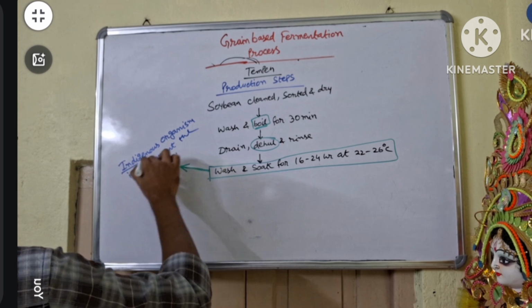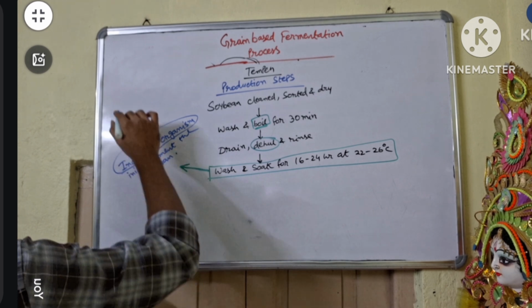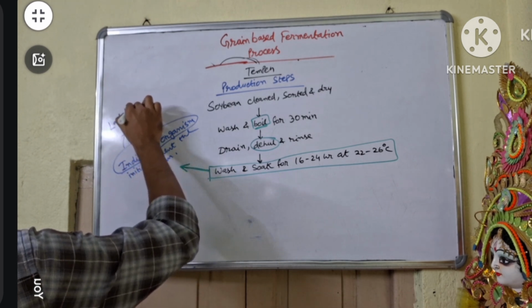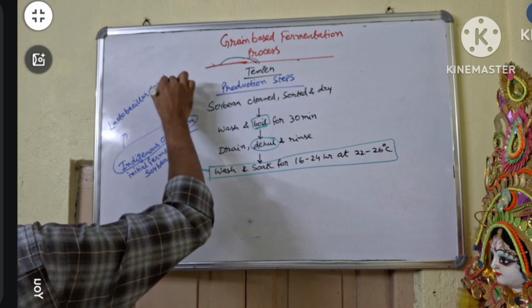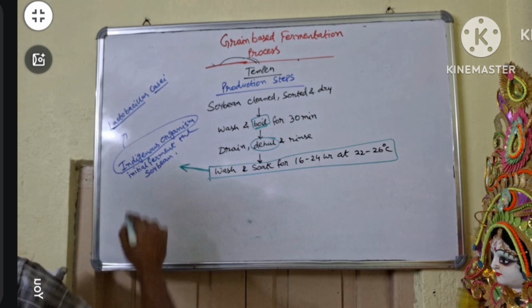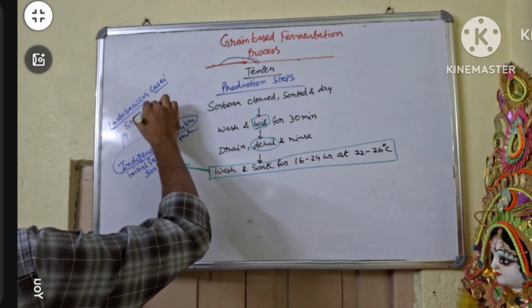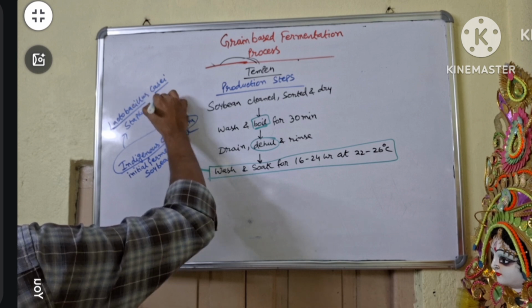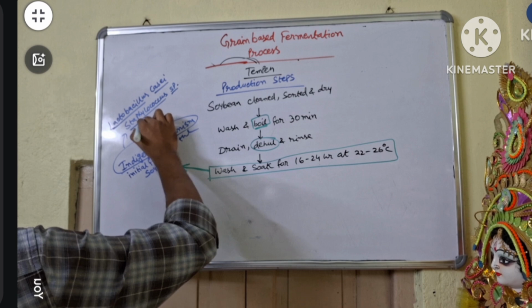The indigenous microbes present inside the soybeans include, for example, Lactobacillus casei, Staphylococcus, Streptococcus.